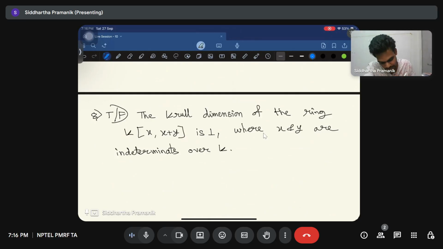Okay, now let's try to find the full dimension of this graded subring of k[x,y].